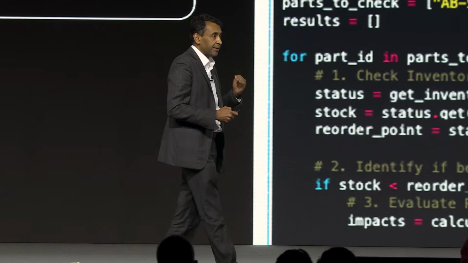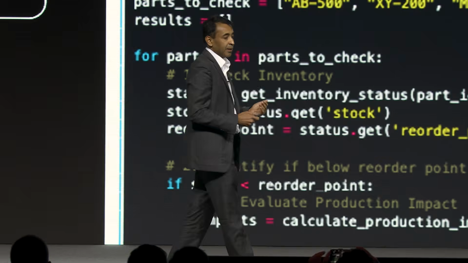So here, a different example you see is, can you check the inventory levels of parts? It mentions 3 parts that are below the reorder point. Figure out what the production impact is and reorder more parts if you think there's going to be a high production impact. You can see the agent, as it's reasoning in this case, is actually reasoning through tool calling and through code execution.